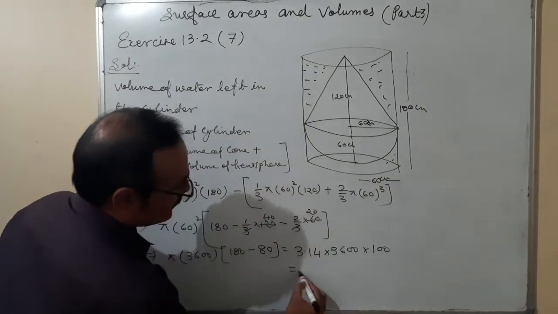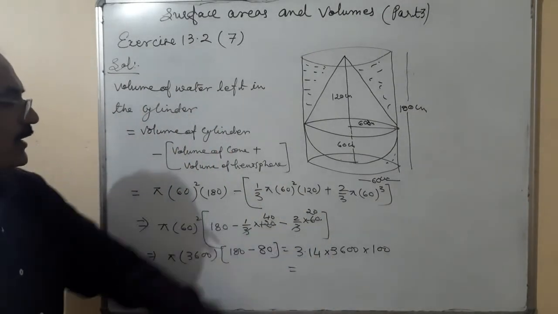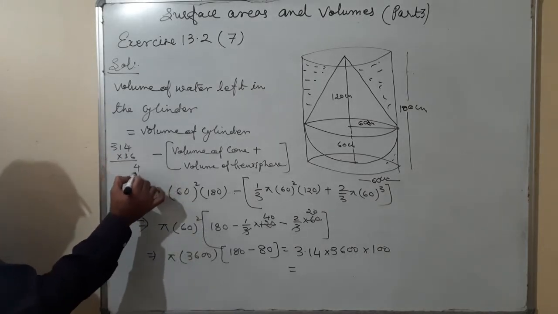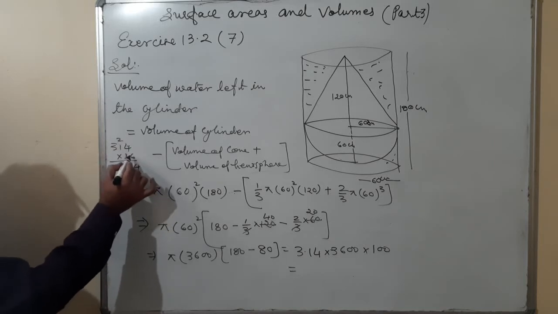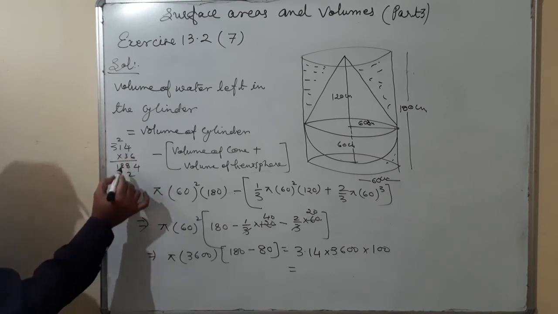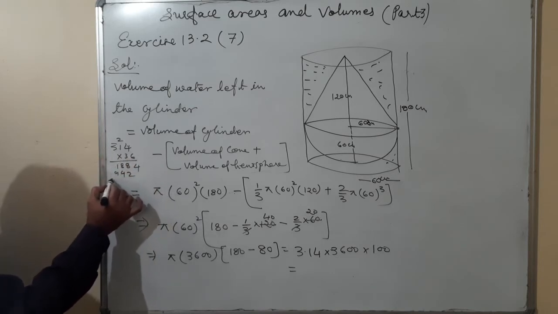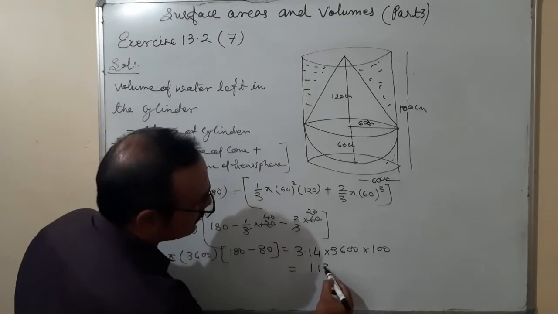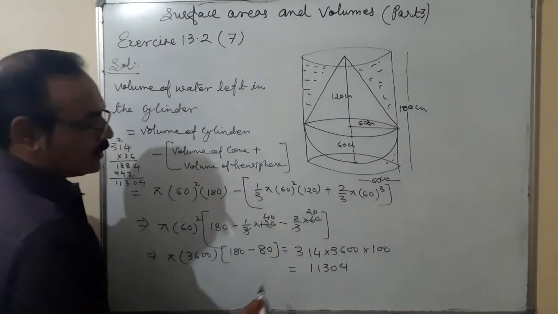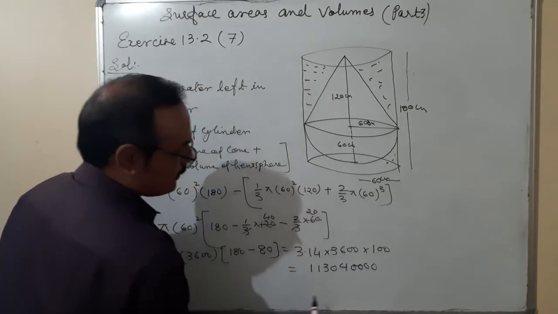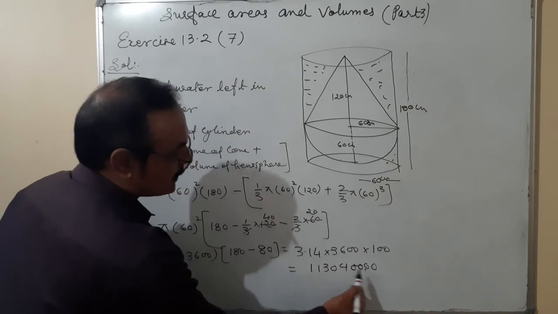Okay, so 314 multiplied by 36. 314 multiplied by 36. 6 4s are 24, 6 4s are 24, 2 6 1 is 6, 2 8, 6 3s are 18, 4 3s are 12, 3 1 is 3 1 4, 3 3s are 9, 4 10, 12, 13, 10, 1, 11. 11304. 11304 with 1 2 3 4 0, and after decimal there are two numbers.